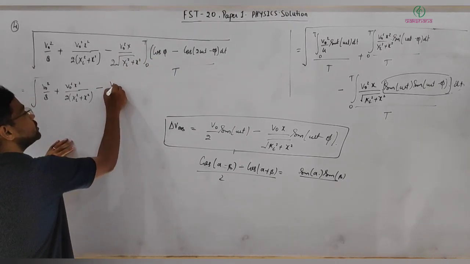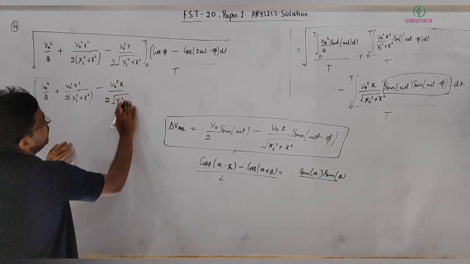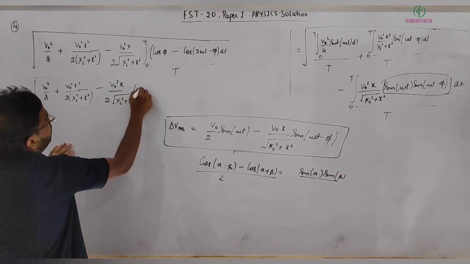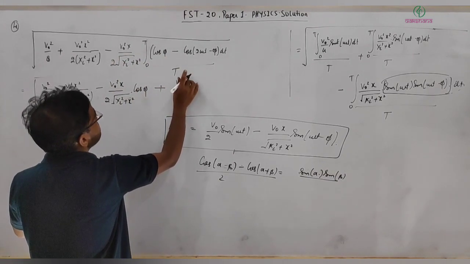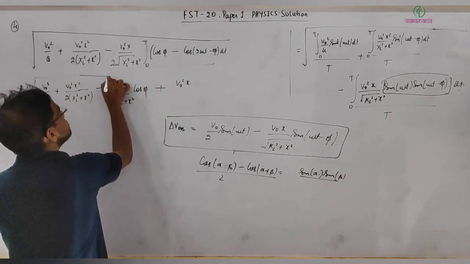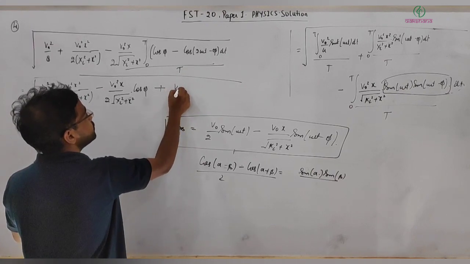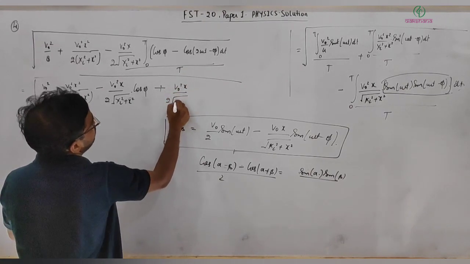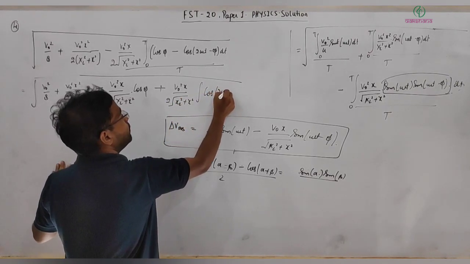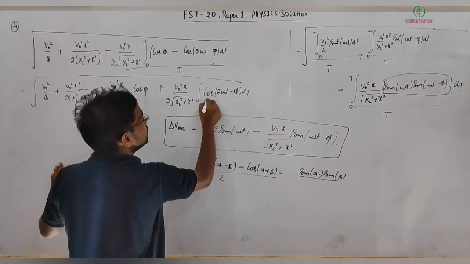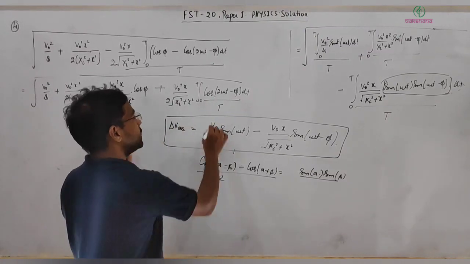Then I will be getting V naught square into x divided by 2 under root xl square plus x square into cos phi, minus V naught square x divided by 2 under root xl square plus x square into the integral of cos 2 omega t minus phi into dt divided by t from 0 to t.